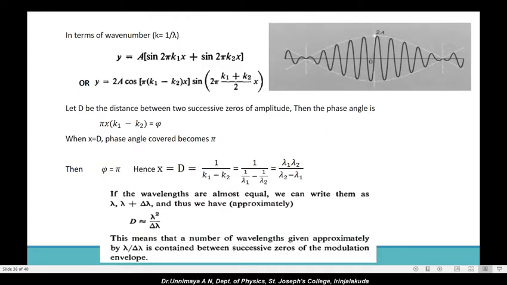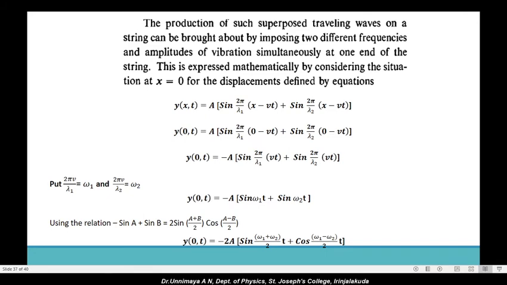In this theoretical case, we consider the amplitude to be almost the same but with a slightly varying wavelength. In practice, we have to consider travelling waves of different frequencies and amplitudes in order to get the superimposed wave.